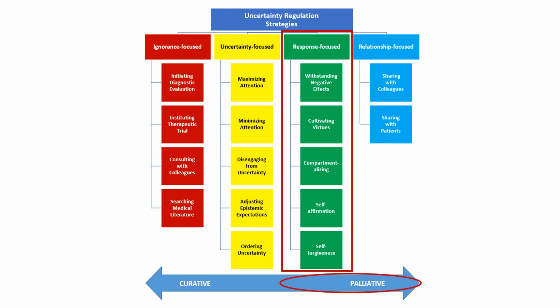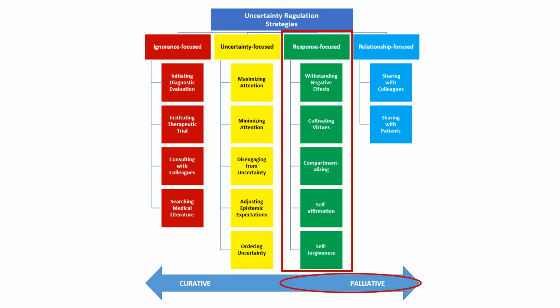Response-focused strategies aim to mitigate aversive psychological reactions to uncertainty. These strategies include withstanding negative effects, that is, simply bearing with the fear or other negative psychological reactions that uncertainty elicits. Cultivating virtues consists of promoting key moral capacities that help manage uncertainty, such as thoroughness or due diligence.